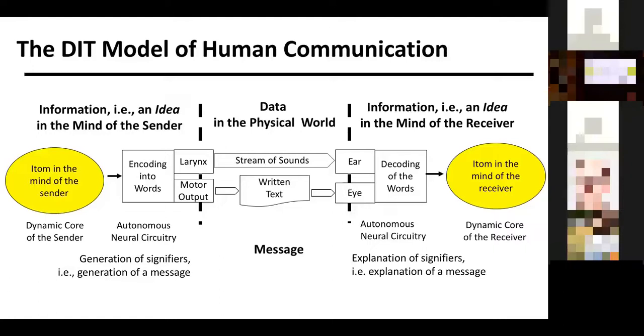If you speak a foreign language, this process is normally controlled by your consciousness, and then you don't speak fluently in a sense. So we now have to view two paths. Either by speaking, then we give control commands to our larynx. We generate streams of sounds. They are picked up by the ear of the receiver, decoded into words in the autonomous language memory, and then finally the item is recovered in the mind of the receiver.